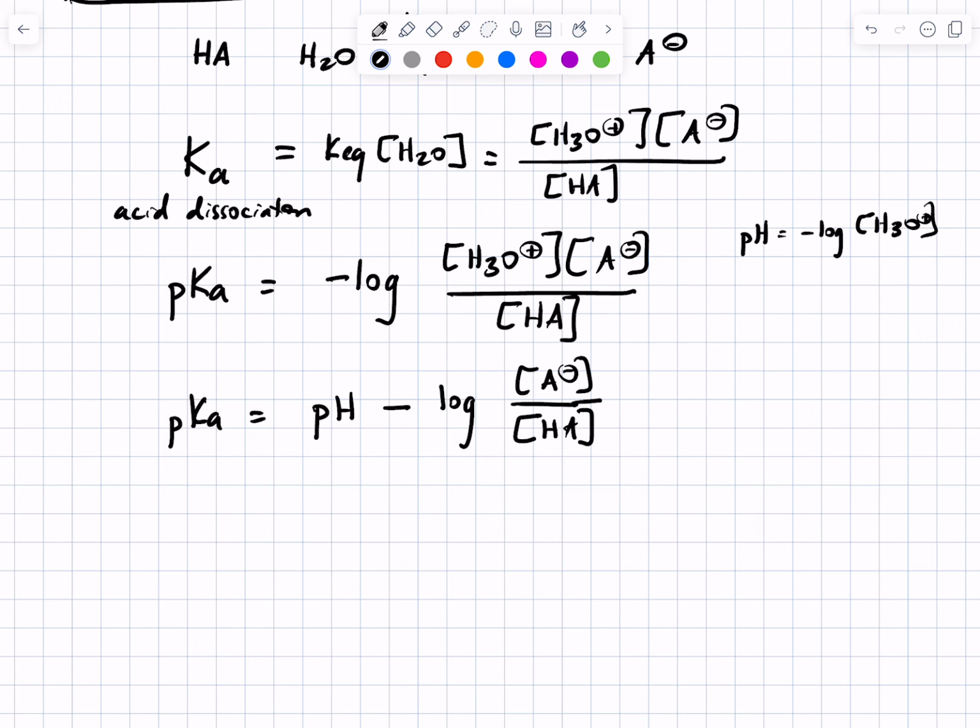Okay, now we can rearrange this any way we wish. One of the easiest ways to do this is pKa minus pH equals minus log of conjugate base over acid.